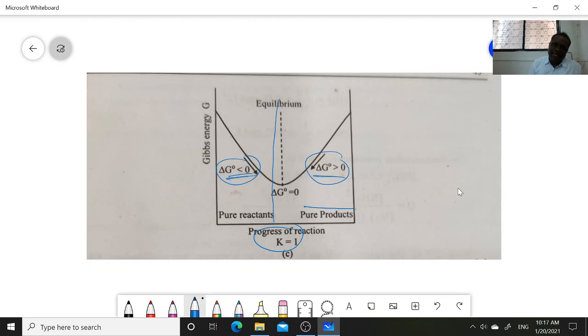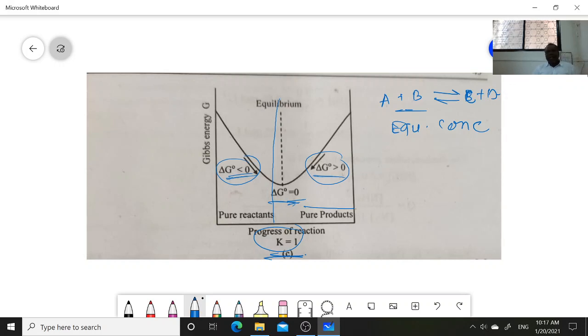The equilibrium is attained here, where the standard Gibbs free energy delta G0 is equal to 0. Whenever there is equilibrium, the concentration of the reactant as well as the concentration of the product are equal, right, when K is equal to 1.